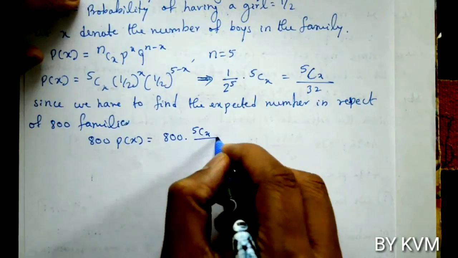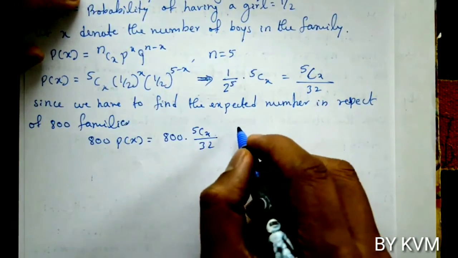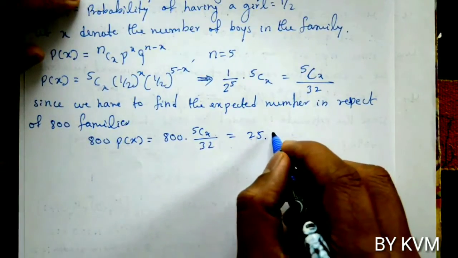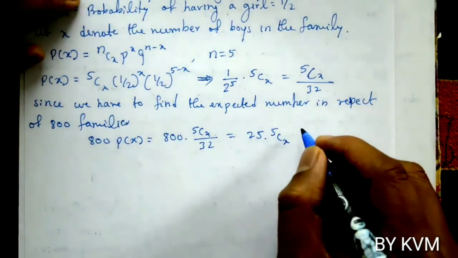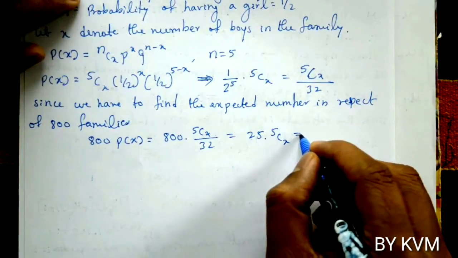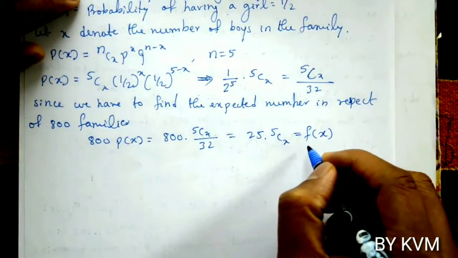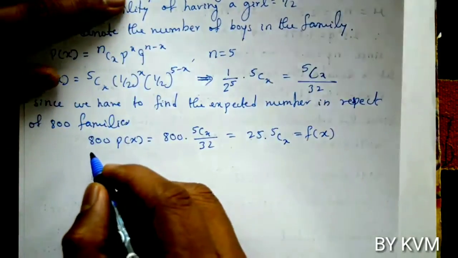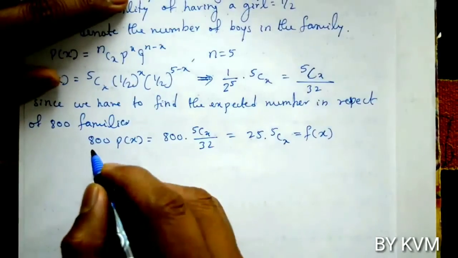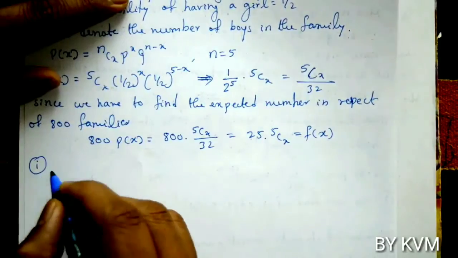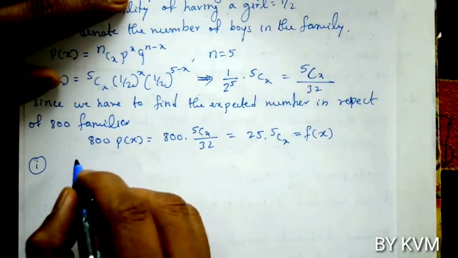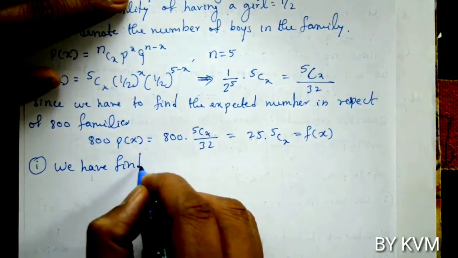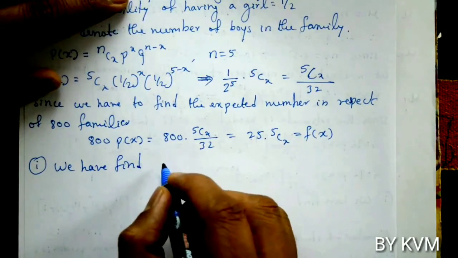So, 800 into 5 c x by 32, 800 by 32 gets cancelled, that is 25 into 5 c x. So, let us take this as f of x. p of x is with respect to one family, so we have to find the number of probabilities with respect to 800 families. So, 800 into p of x, that is 800 into 5 c x by 32, we get 25 into 5 c x, that is f of x.